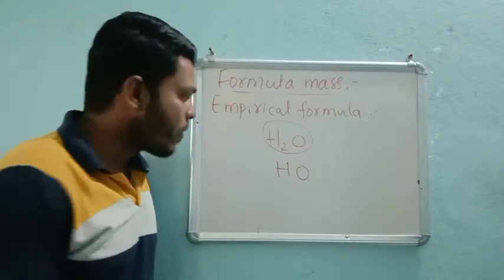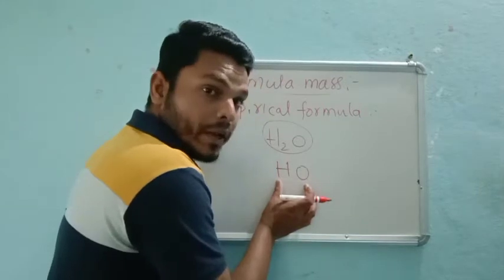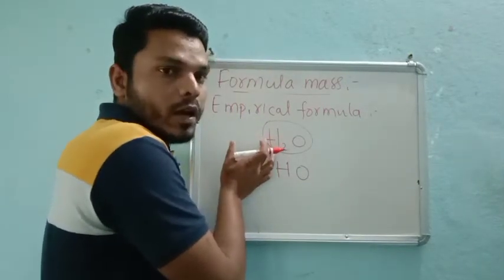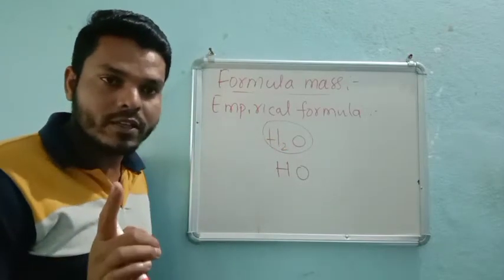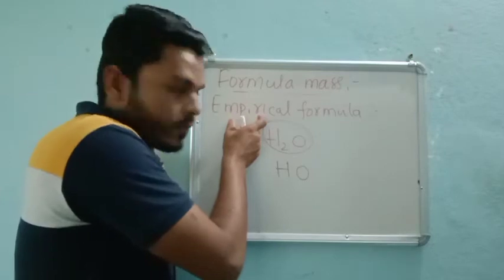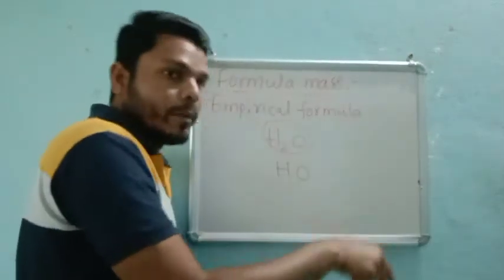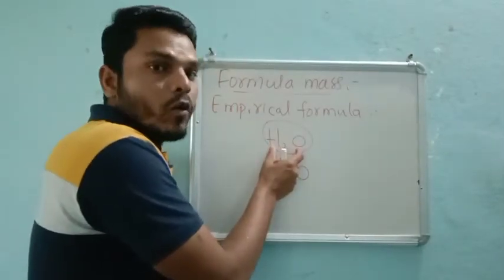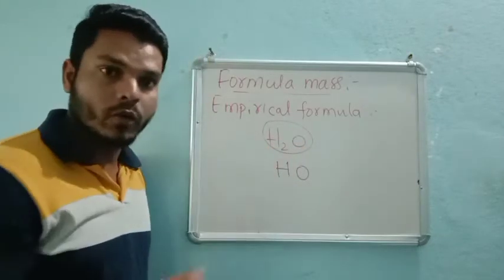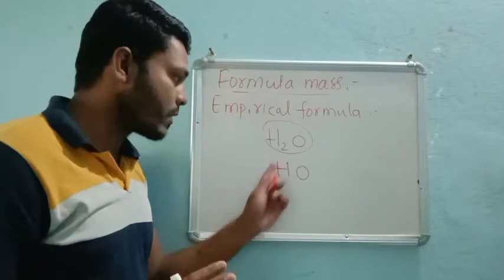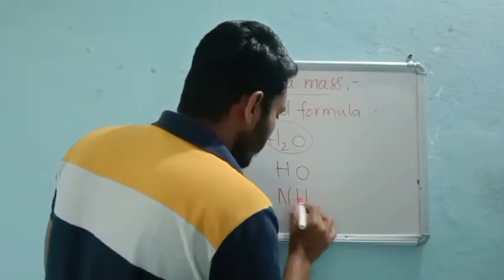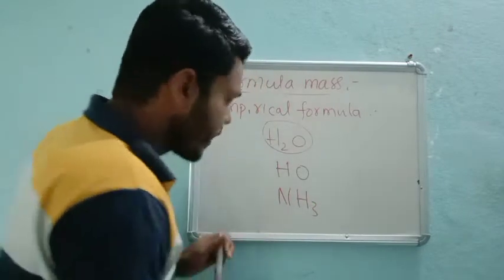Understood? So now this is called empirical formula, but the total amount is called molecular formula. The just the elements is the empirical formula, and the number of elements is what? Molecular formula. Understood? Okay, I hope you understood. Understand this point. If I take one more example, ammonia means NH3.